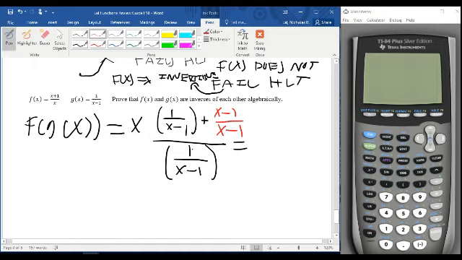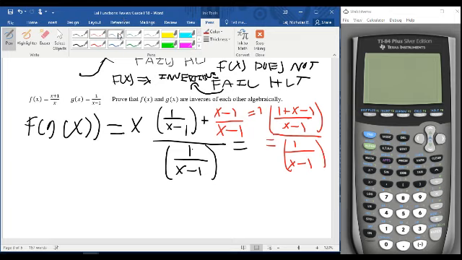Remember that's equal to 1, but that allows us to add across a common denominator. This means this is equal to 1 plus x minus 1 over x minus 1, all divided by 1 over x minus 1.